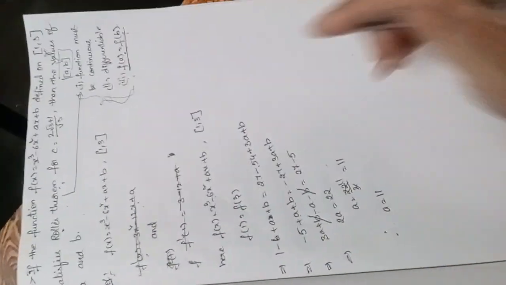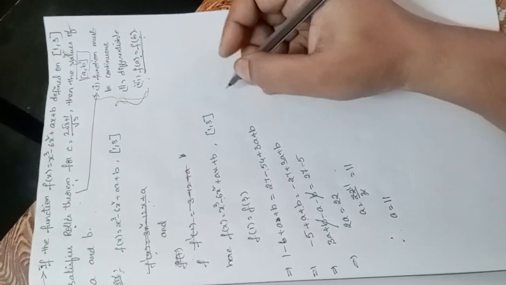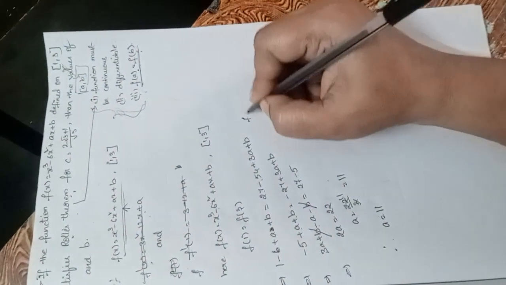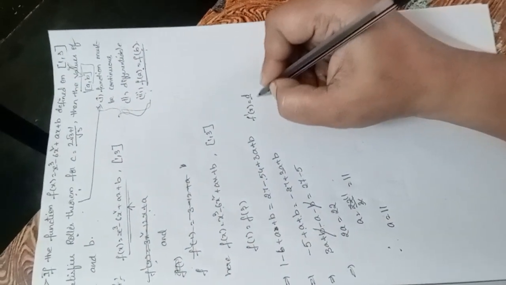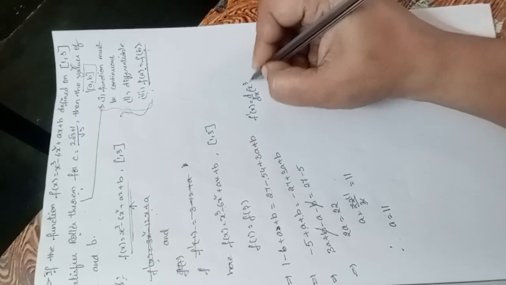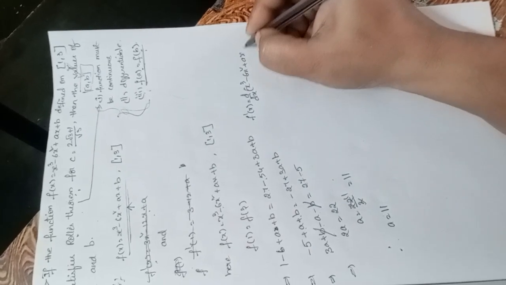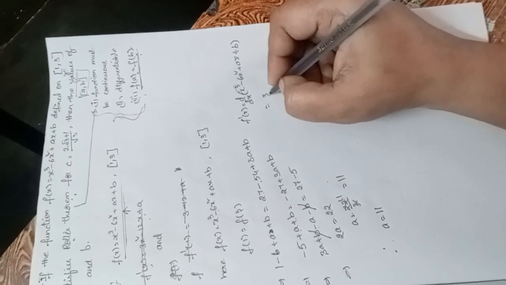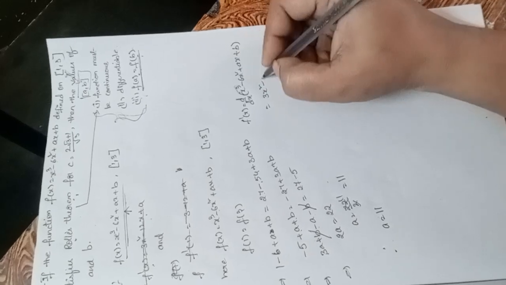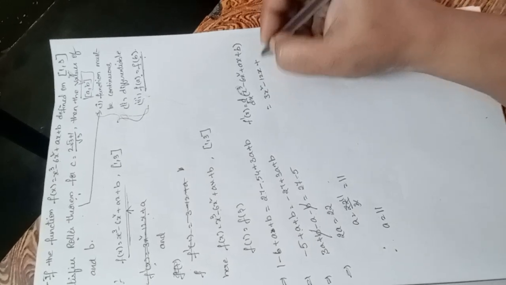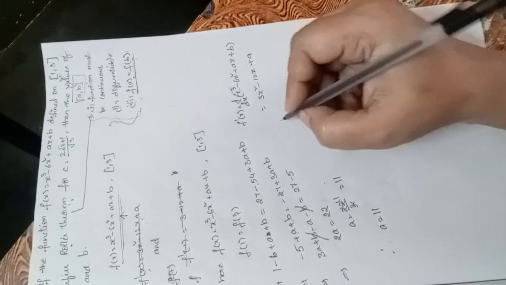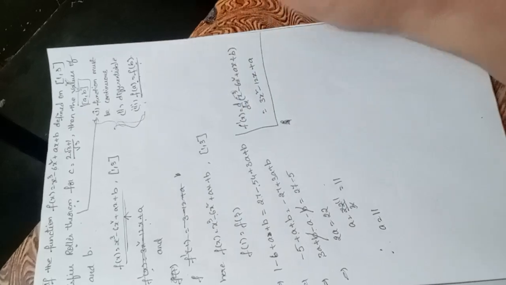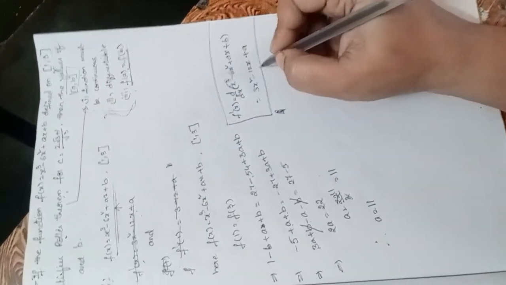And one more thing: if we differentiate this function, f dash of x equals d by dx of x cube minus 6x square plus ax plus b, you will get 3x square minus 12x plus a. This is the equation after differentiation.